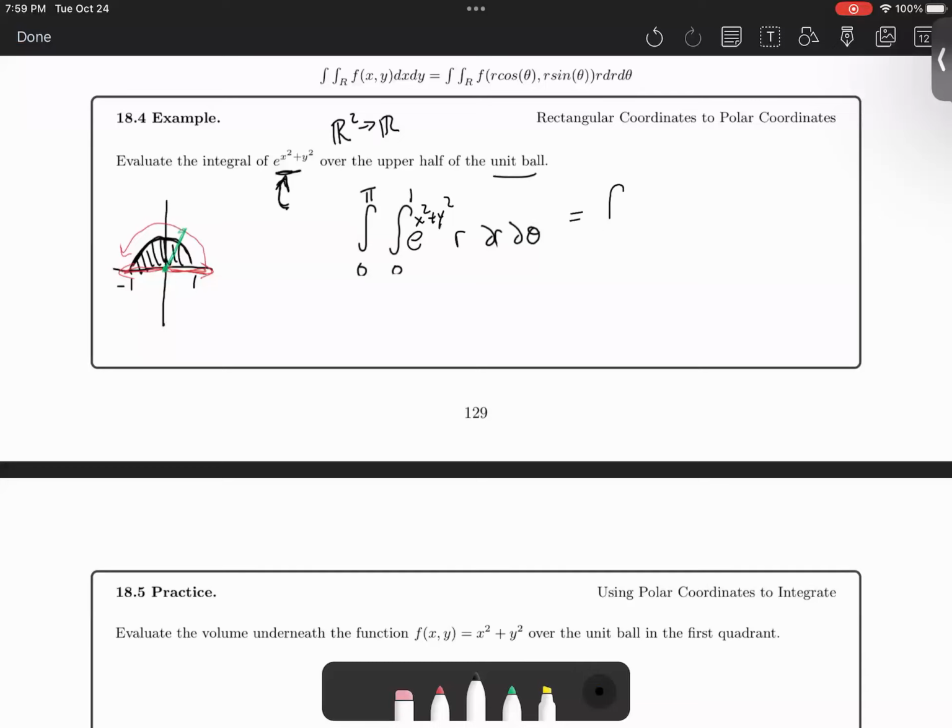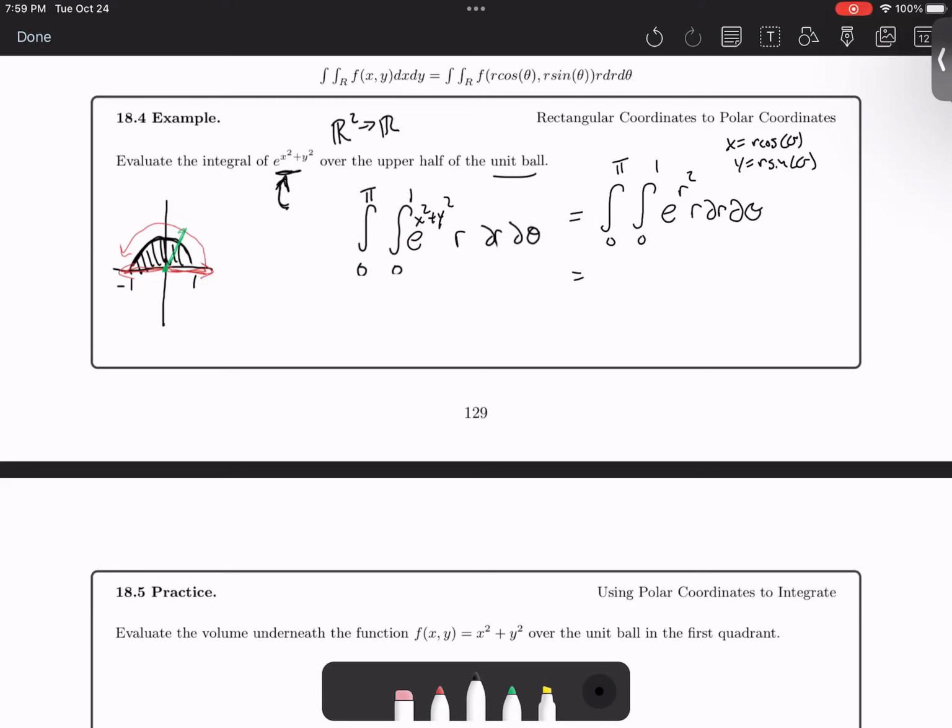So I'm going to write this as the integral from 0 to pi, the integral from 0 to 1, e to the r squared, because x squared plus y squared is the radius squared, right? With the observation that x is equal to r cosine theta and y is equal to r sine theta. All right, and then I have an r dr d theta.